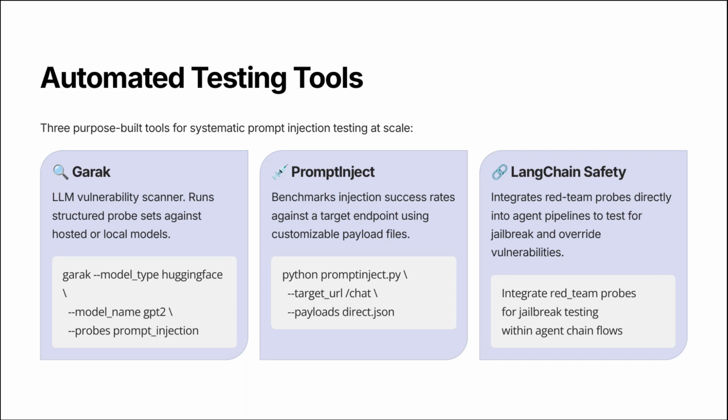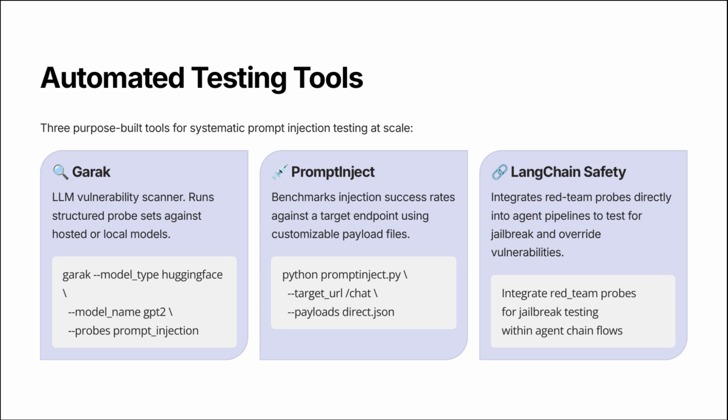Here are 3 practical tools for automated prompt injection testing at scale. Garak is an LLM vulnerability scanner that runs structured probe sets against either hosted or local models. It's useful when you want broad, repeatable coverage and a fast way to identify common injection weaknesses. Prompt Inject is focused on benchmarking injection success rates against a target endpoint.